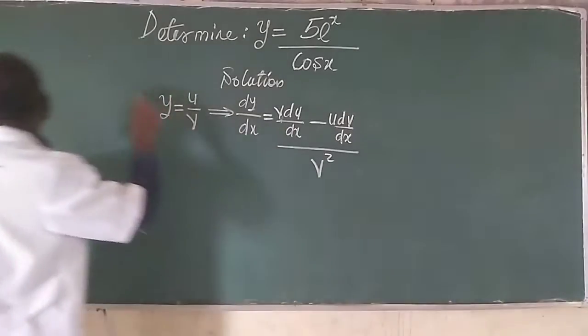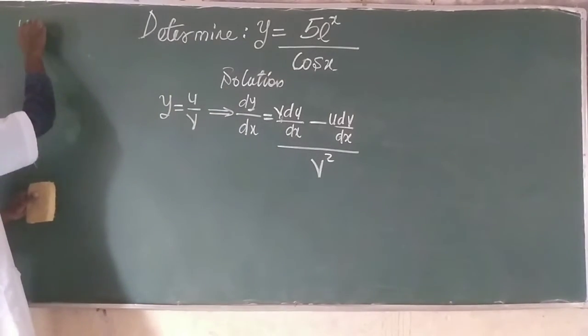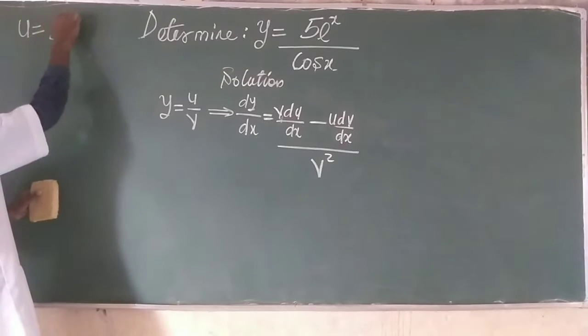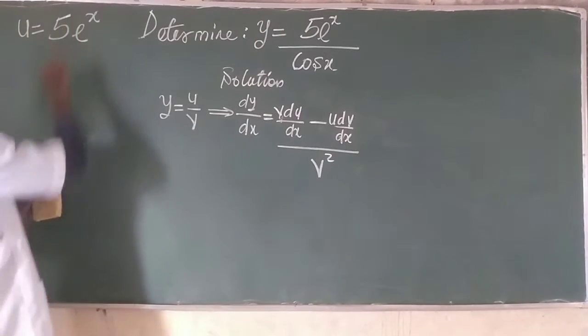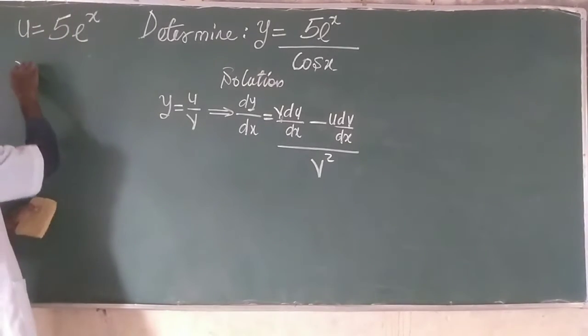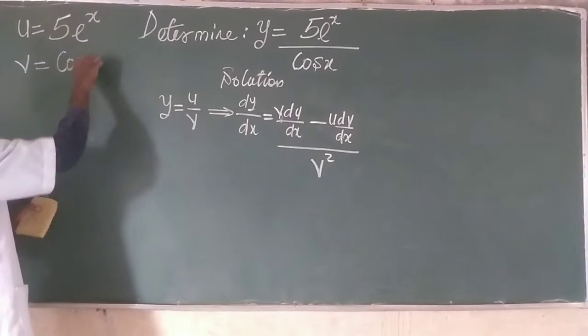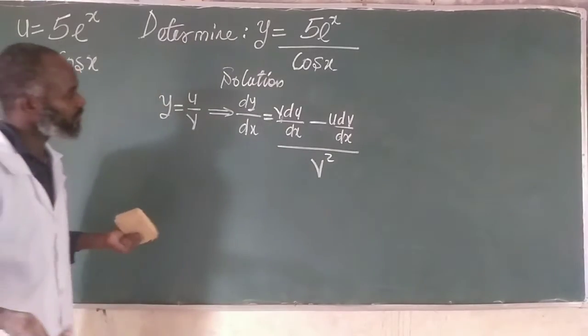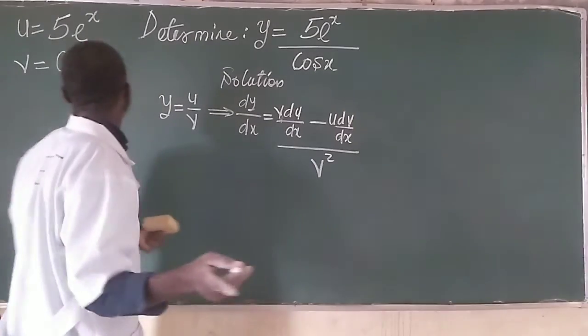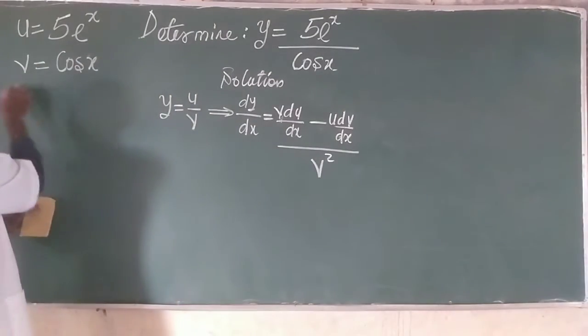So let's go. Here our u is 5e^x, and then our v is cos x. Very simple.